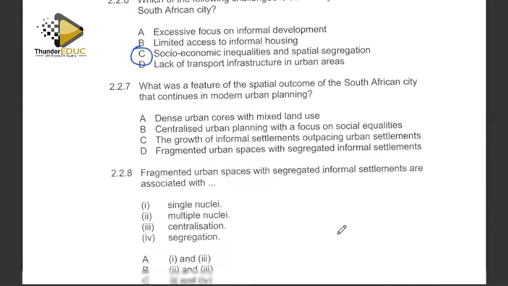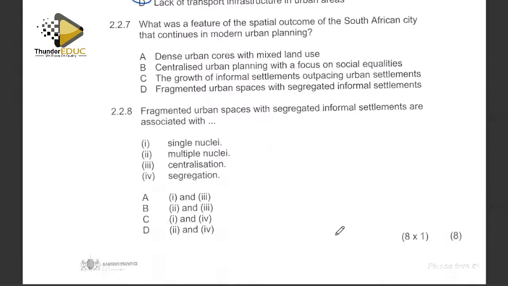What was a feature of the spatial outcome of the South African city that continues in modern urban planning? Our cities of today are still having the same problem of spatial outcome which was there in the South African city plan. What is the problem there? The growth of informal settlements outspacing urban settlements.